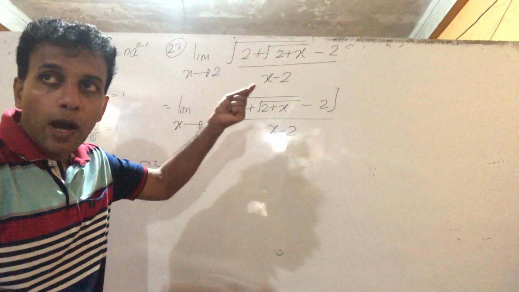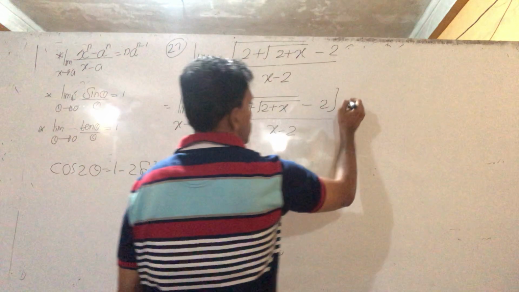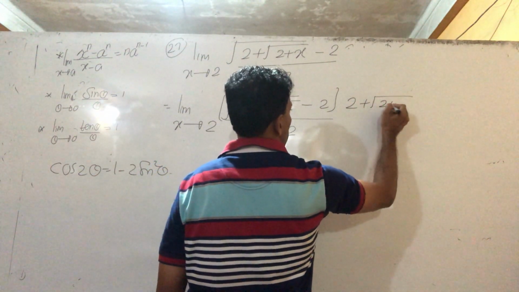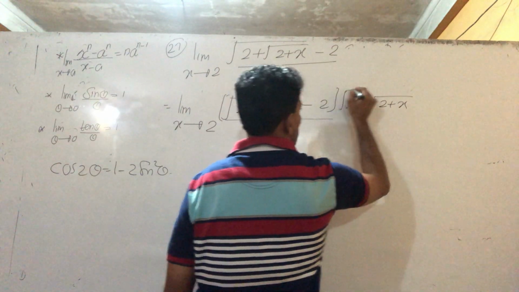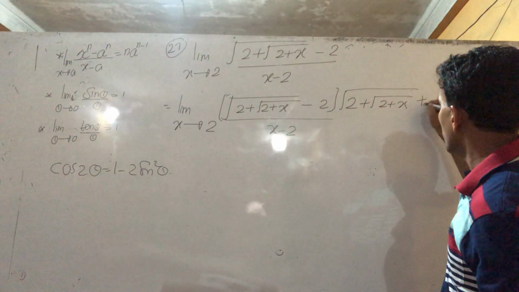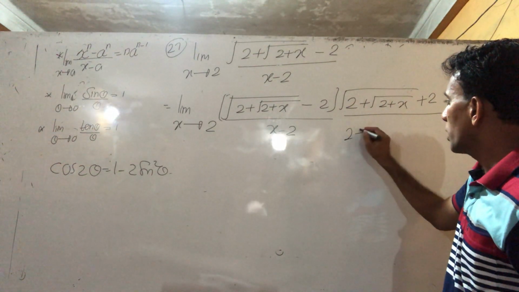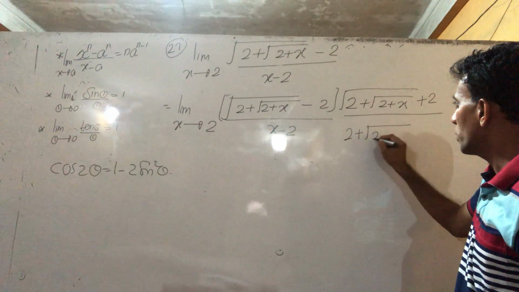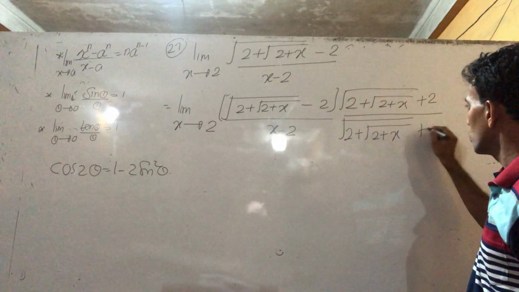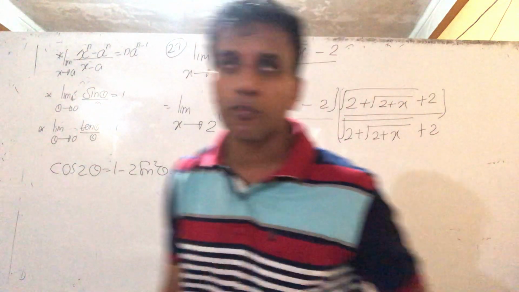You multiply above and below by the conjugate of the numerator. What is that? Square root of 2 plus square root of 2 plus x, everything in the bigger square root, minus 2 means plus 2 as the conjugate, over square root of 2 plus square root of 2 plus x, plus 2. Okay, that is the method when you use such a problem.